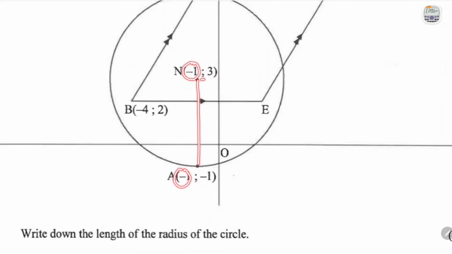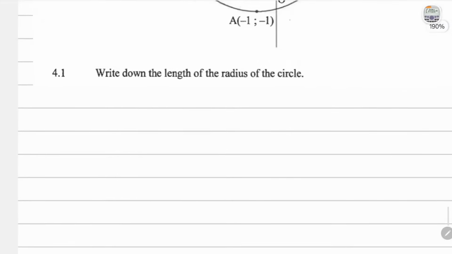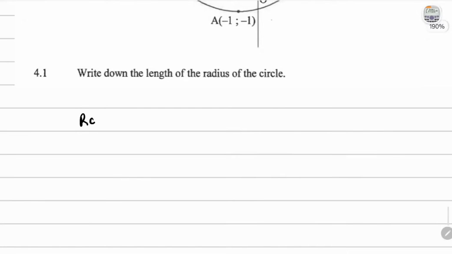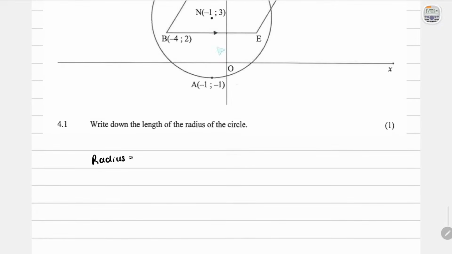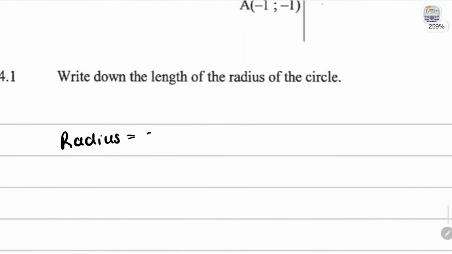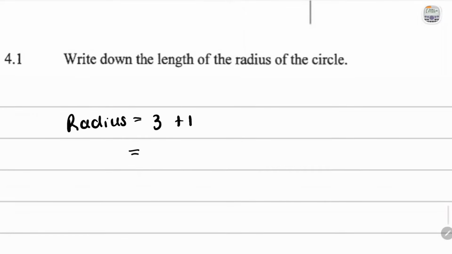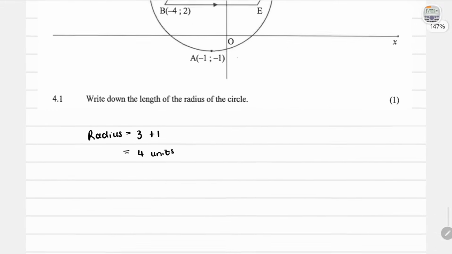You simply need to say whatever this y value is minus whatever that y value is, and that will tell you the length of the line NA. So we can find the radius, or NA, by simply saying -3 minus -1. So 3 minus minus 1, which is plus 1, and so that is equal to 4 units. And that is the length of the radius.